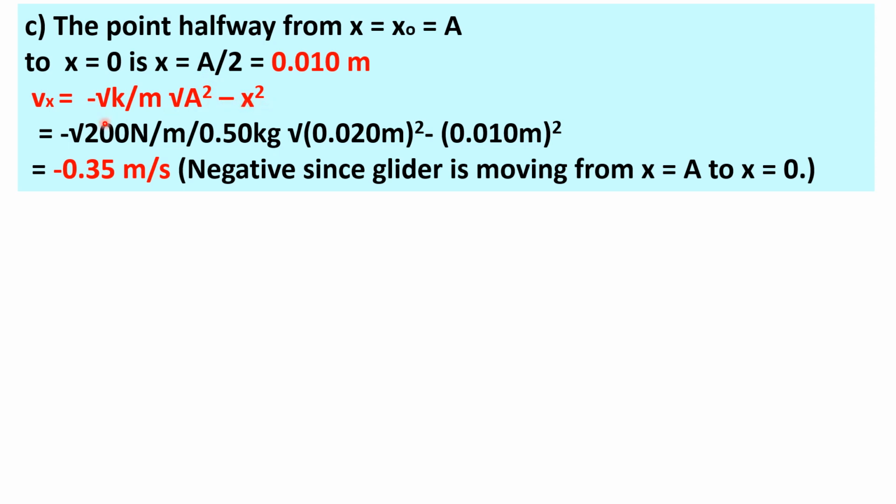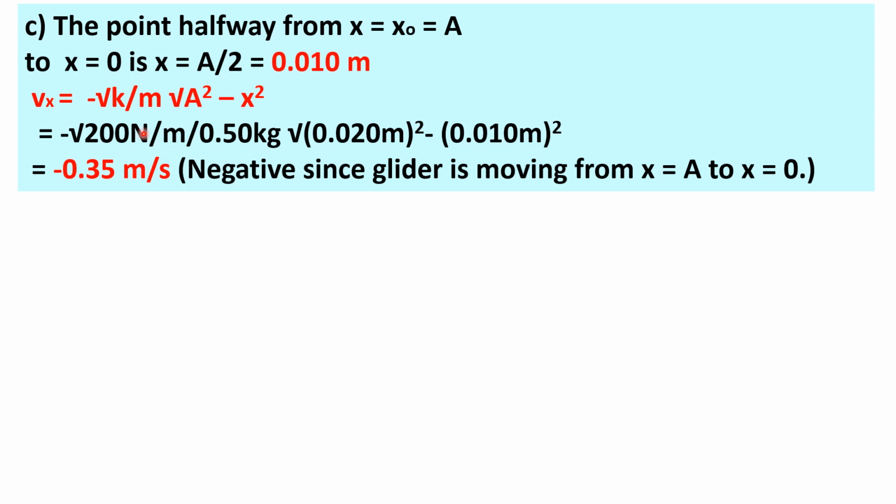All right, so substituting, negative square root of 200 Newton per meter divided by 0.50 kilogram, get the square root of that, and then multiply to the square root of the amplitude squared, that is 0.020 meter squared minus the square of the value of x, which is 0.010 meter, square it, all right?